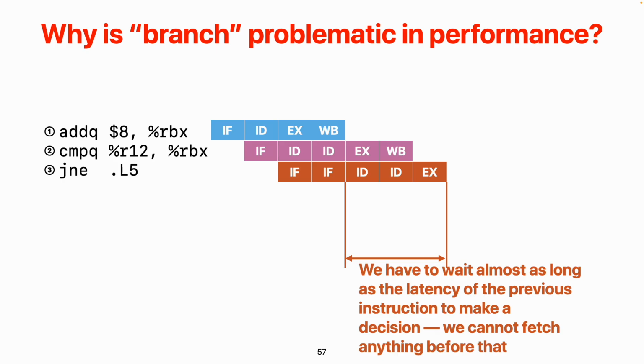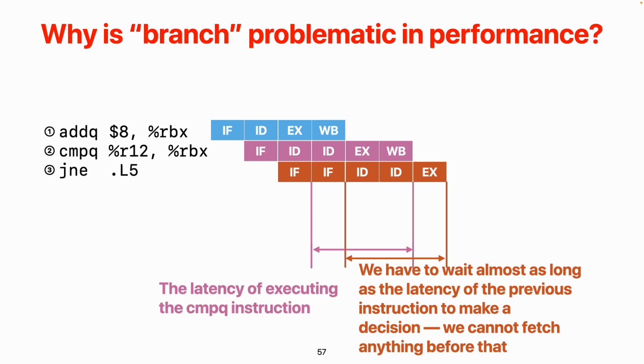It's actually after we execute this branch instruction, and then we will know the target address to fetch. So as you can see, if you draw the pipeline, you have to almost wait as long as the latency of an instruction before you can fetch the next instruction, which is really slow.